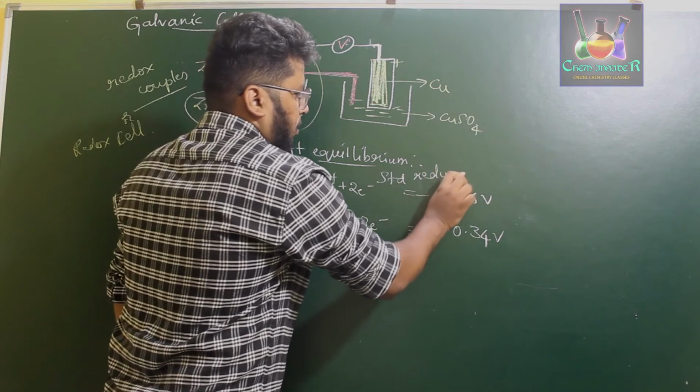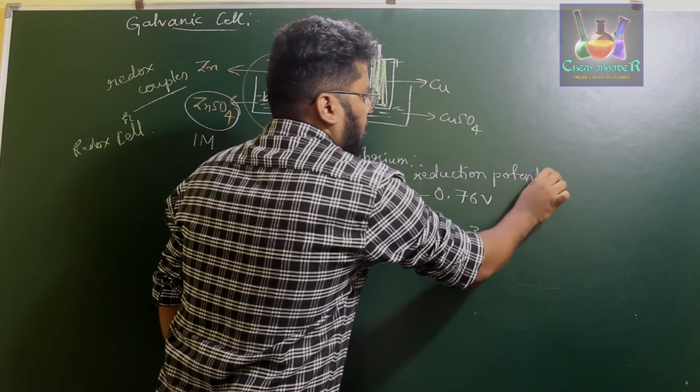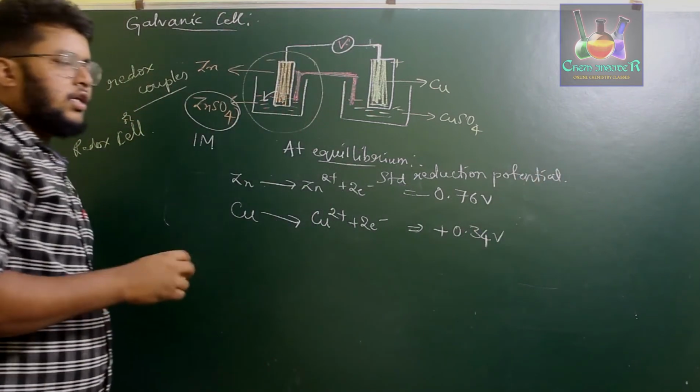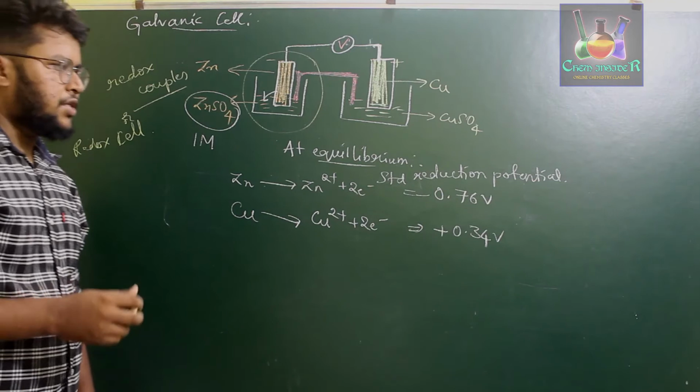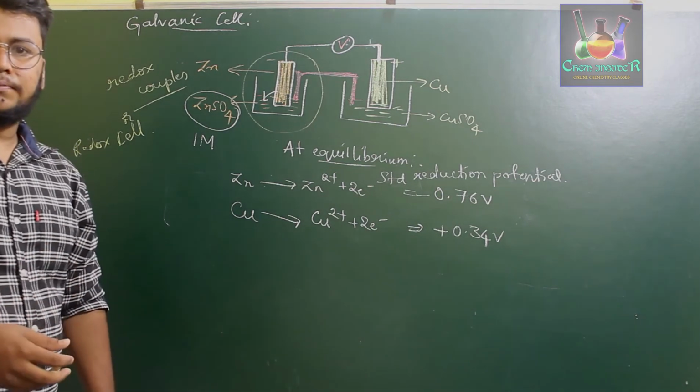This initially was called the standard reduction potential; later it was named the standard electrode potential.